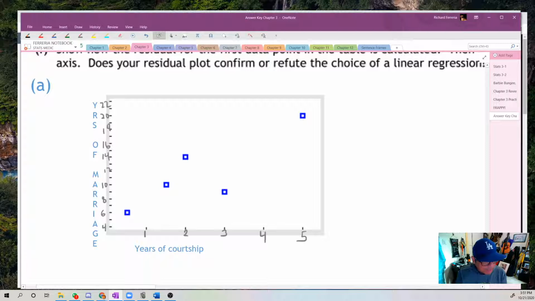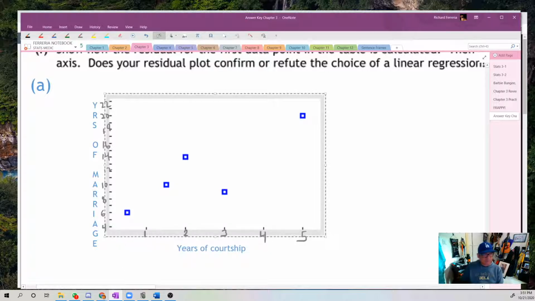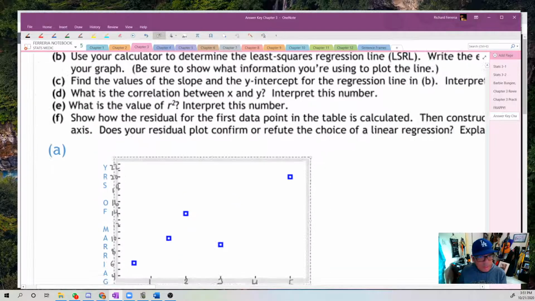And next, make sure that you scale and label each axis appropriately. So notice that I have them labeled. I have them scaled. The scaling makes sense. And other than the fact that I didn't draw this by hand, this is not that bad of a graph. So that's our part A.